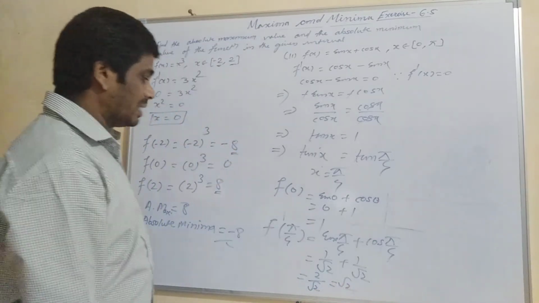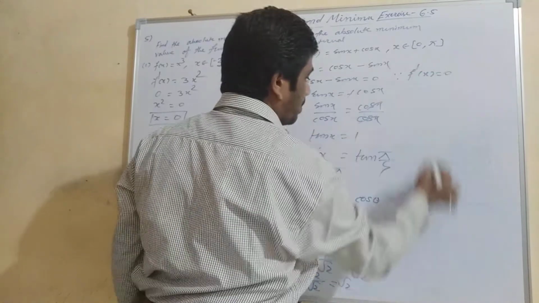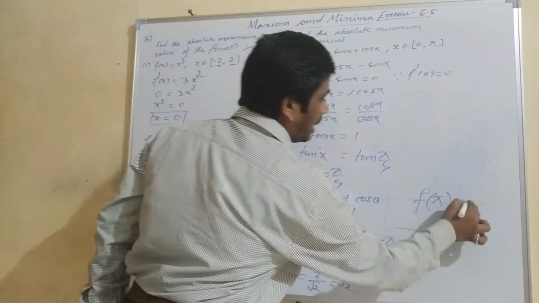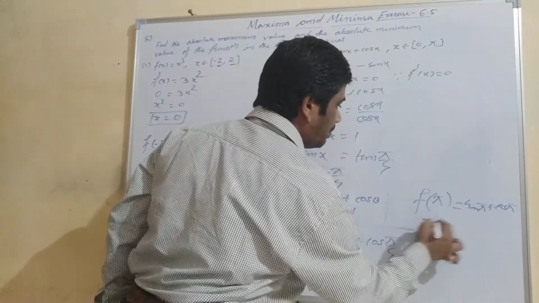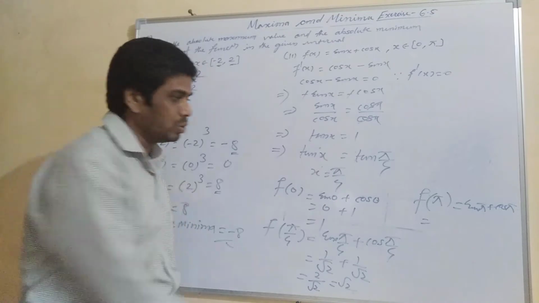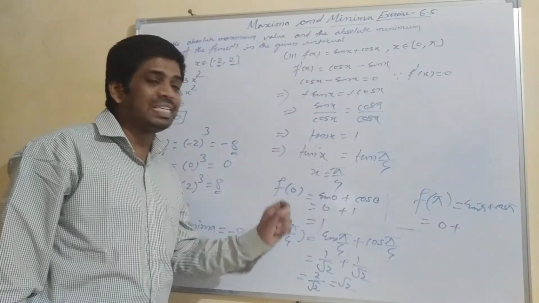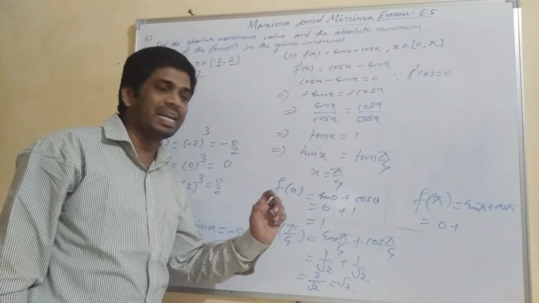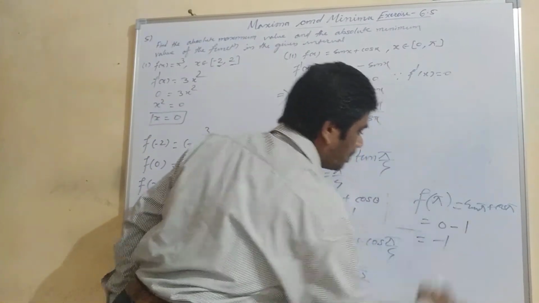The third value is f(pi), which is sin pi plus cos pi. Sin pi is 0, and cos pi is cos(90 plus 90), which is -sin 90, which means -1.